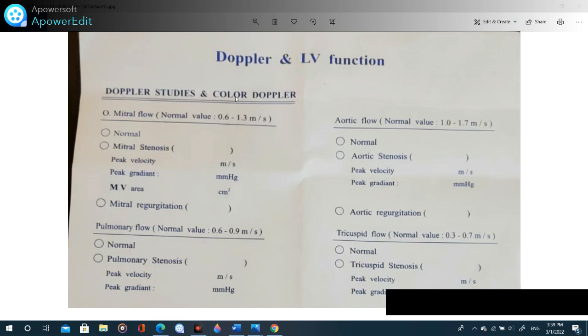Doppler study and color Doppler study include mitral flow, aortic flow, tricuspid flow, and pulmonary flow. But before I explain these items, I must explain the Doppler and color of echocardiography.